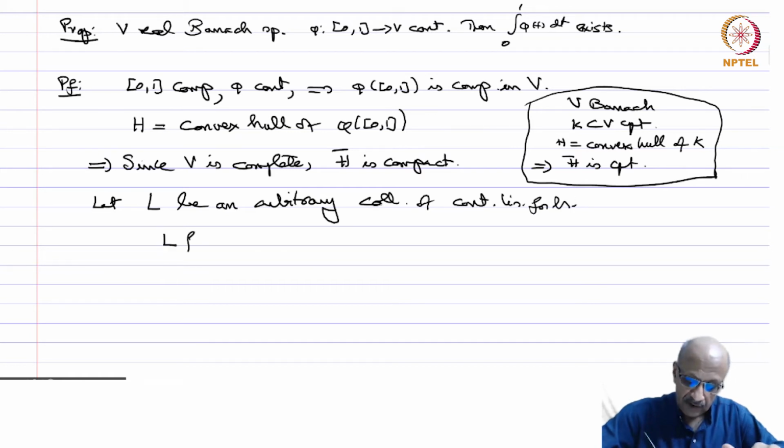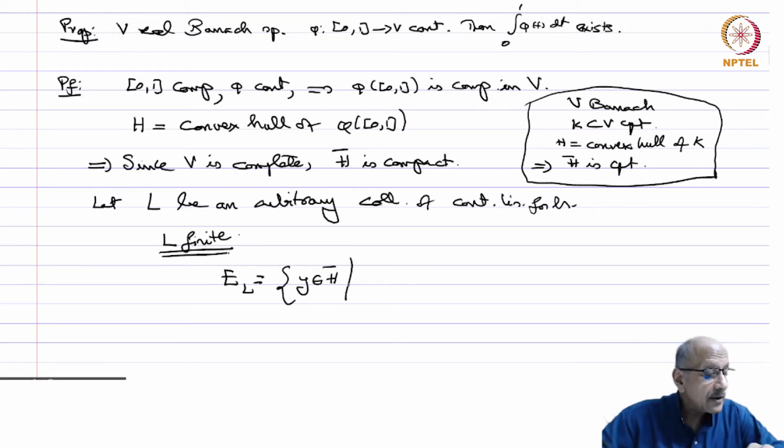So it's an arbitrary finite collection of continuous linear functionals. So you define E of L equals the set of all y in H bar such that f of y equals the integral from 0 to 1 of f of phi of t dt.